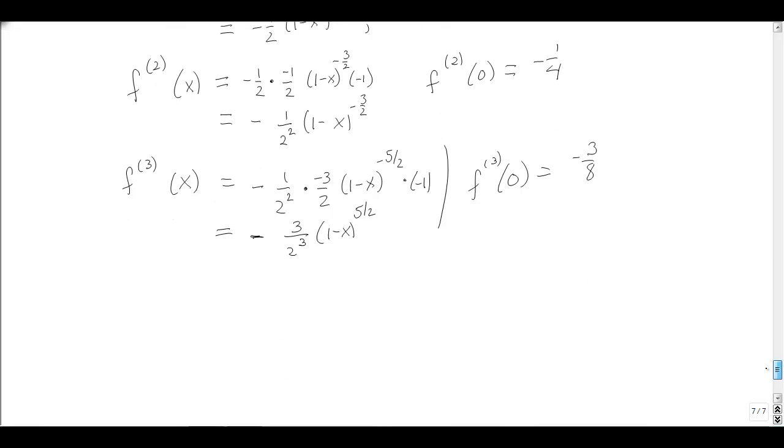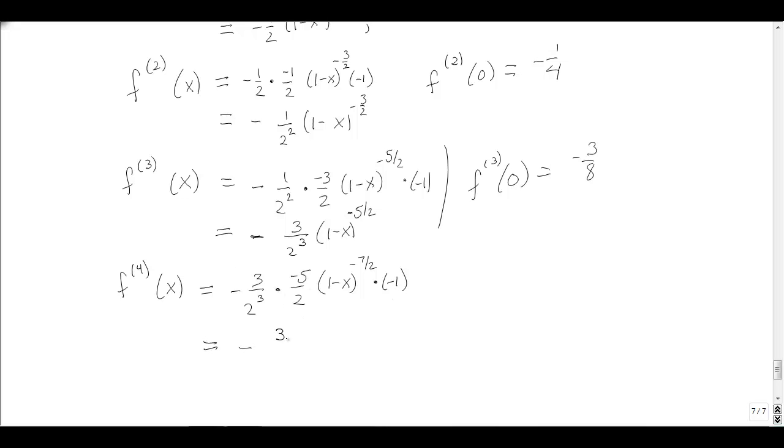Okay, let's maybe do one more here and then talk about the pattern. Fourth derivative of x, I get a negative 3 over 2 cubed times our exponent. Whoops, there was a negative 5 halves up there. Exponent is negative 5 halves times 1 minus x to the subtract 1, which is negative 7 halves, times the derivative of 1 minus x, which is negative 1. 1, 2, 3 negatives gives me a negative.